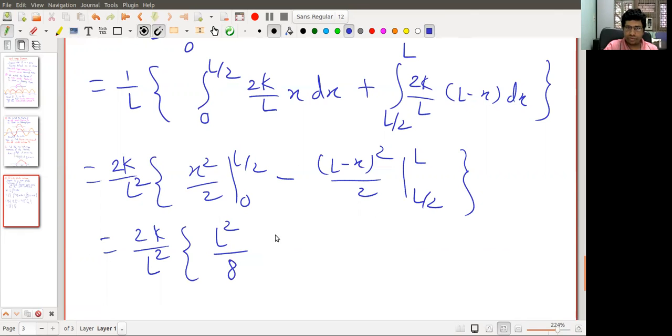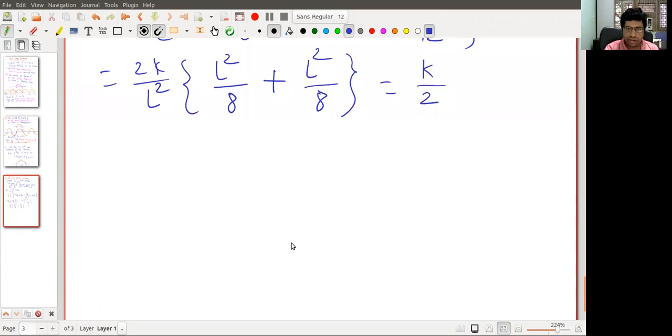The lower limit gives 0 minus, upper limit gives 0. For the lower limit x is L by 2, so L minus L by 2 is L by 2, but there is a minus sign, so this becomes plus. So L square by 4 into 2, that is 8. This is 2 into 2, so 4 divided by 8, so k by 2. L square gets cancelled, so this is a0.